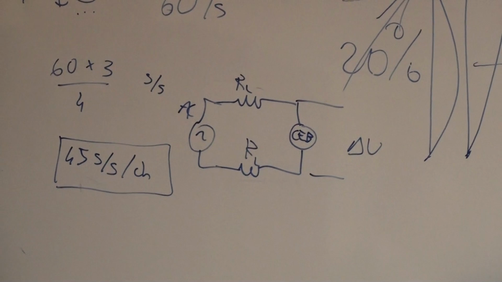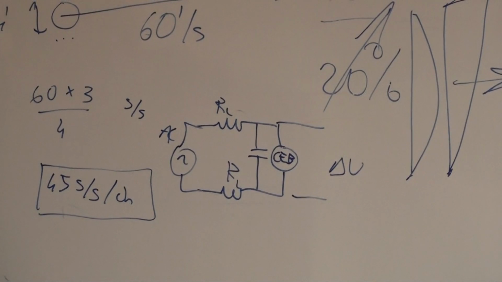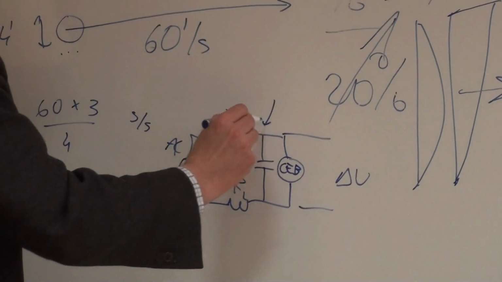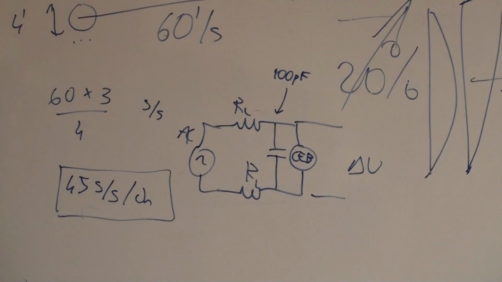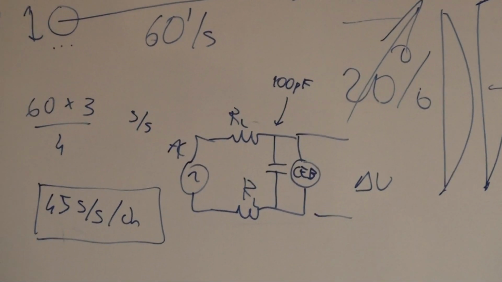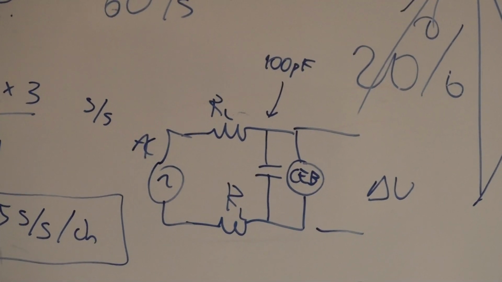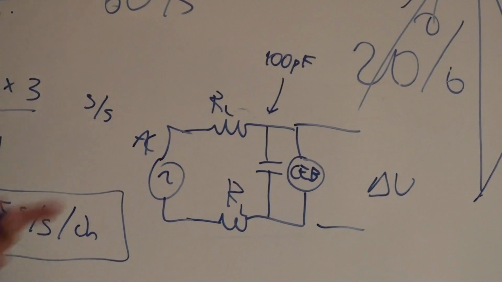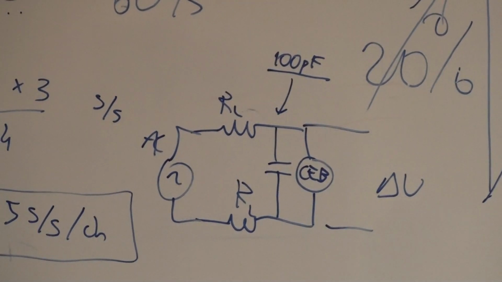And here we have the stray capacitance of the wiring. The stray capacitance of these wires can be something like 100 picofarad or so, because the wires are long and they are twisted, and so they are very thin. When they are twisted, the capacitance is not small. Typically it's 100 picofarad or even 200.